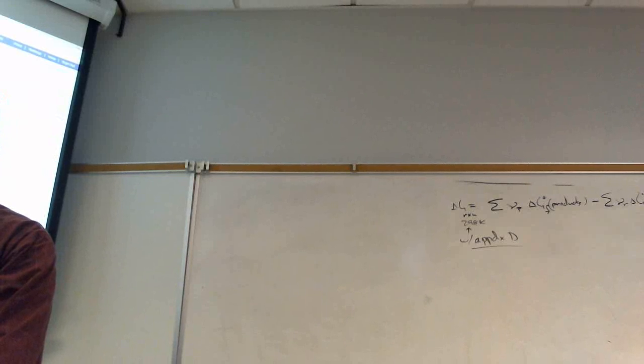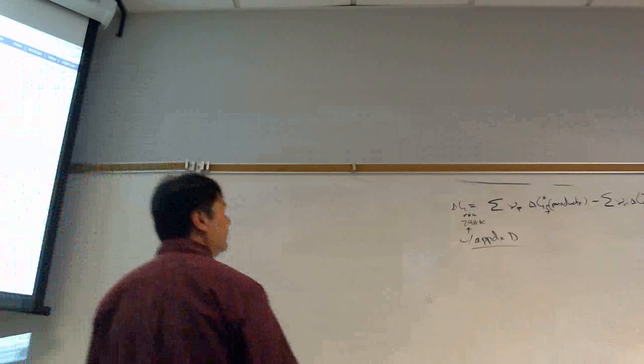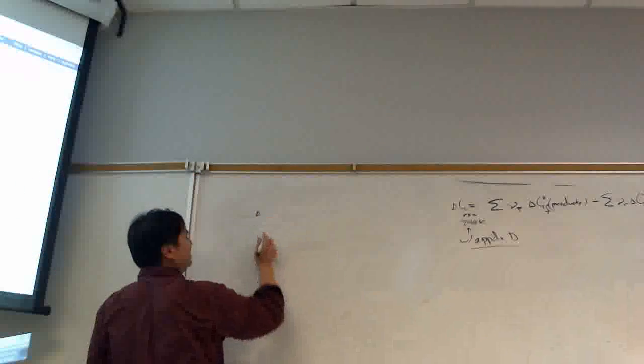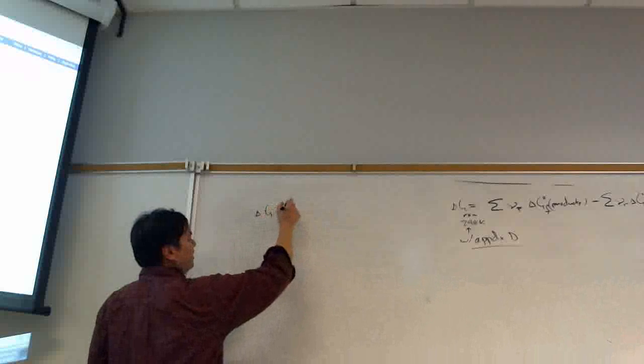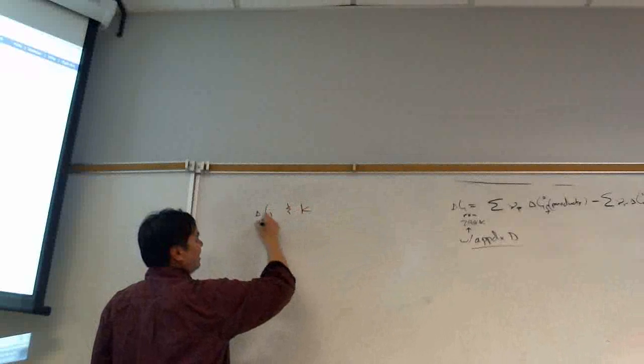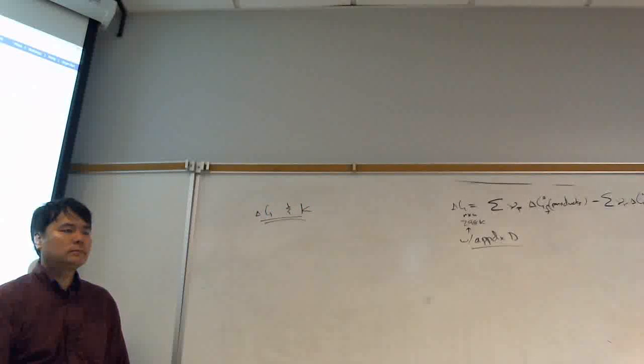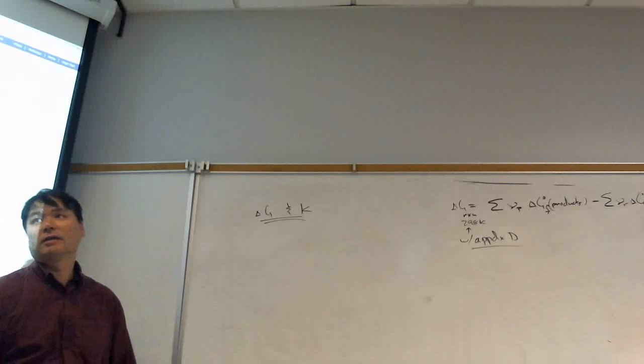And so what is the relationship between delta G and K? This is the next thing we want to do, figure out delta G and K. Okay, let's stop here.